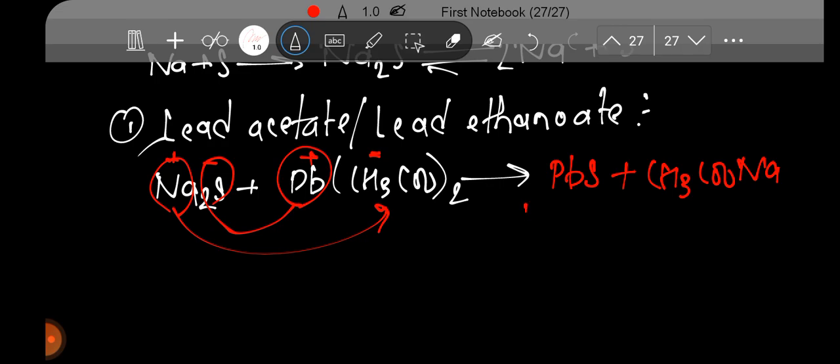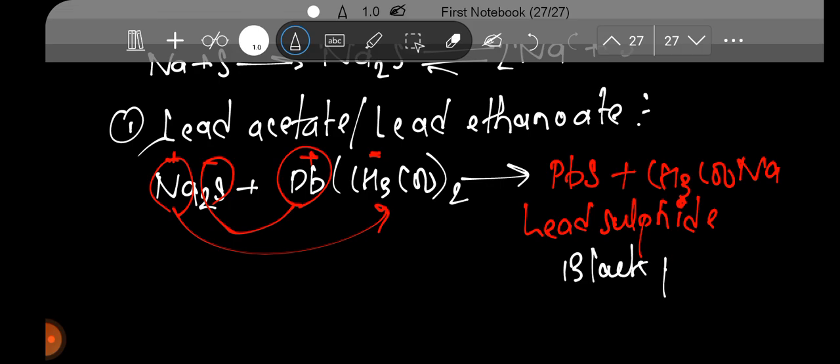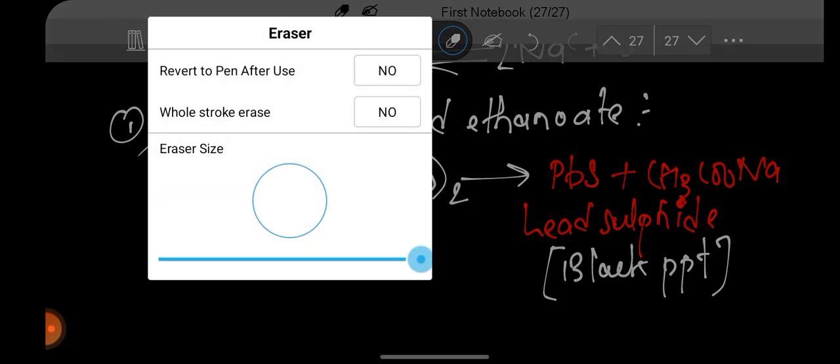This is known as lead sulfide, which is black in color, but I couldn't write here in black, so I am writing with white. This is black PPT.